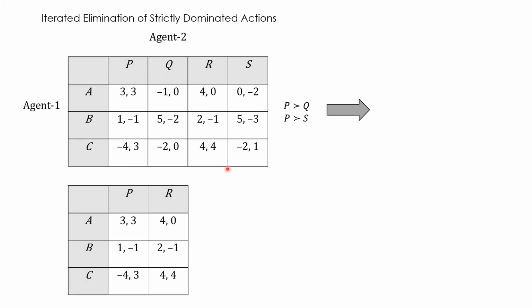So we can simplify the payoff matrix by simply eliminating columns Q and S, resulting in this simpler payoff matrix. Now this simpler matrix reveals some new dominance relationships. A strictly dominates B because now looking at the payoffs of agent 1, 3 is greater than 1 and 4 is greater than 2. And A dominates C also, but it's not strict dominance.